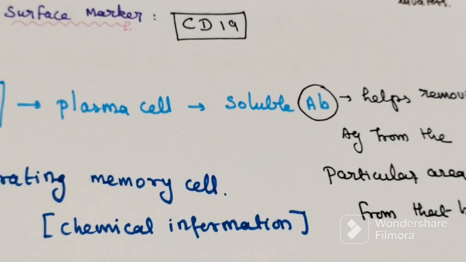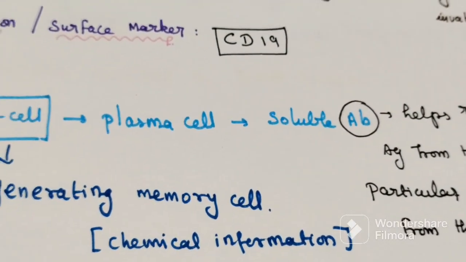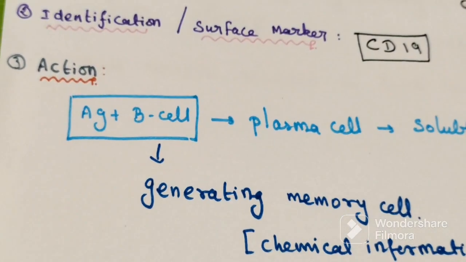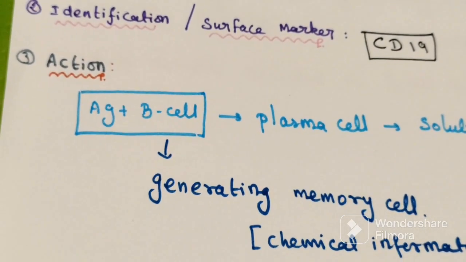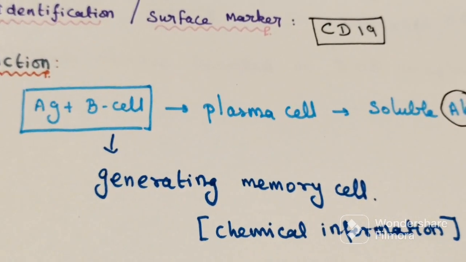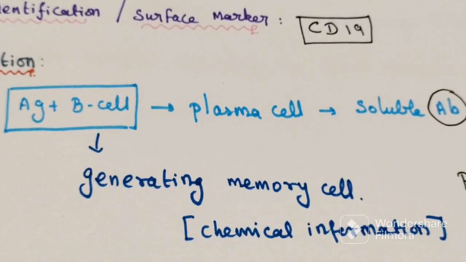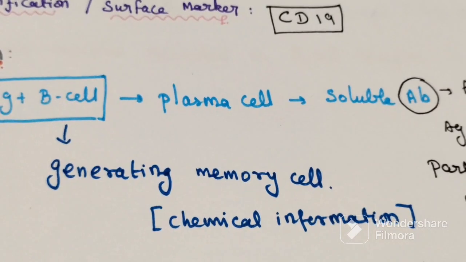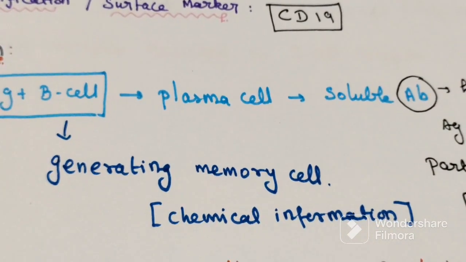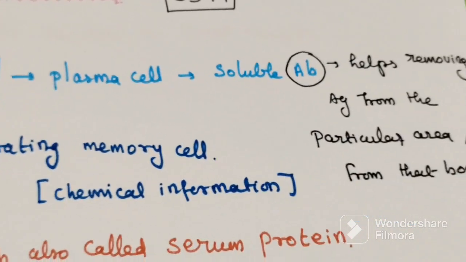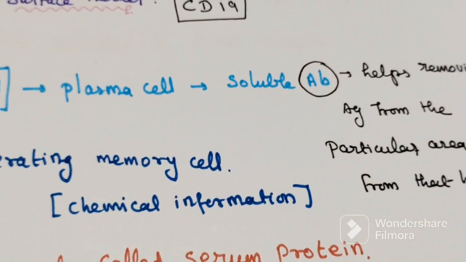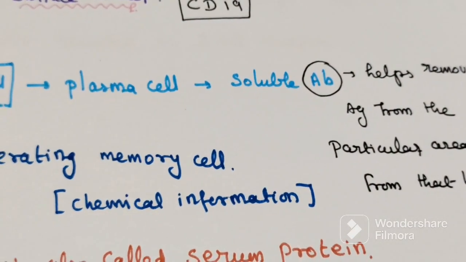So first of all, there is an encounter of antigen with a B cell. The B cell changes into a plasma cell. Then the plasma cell in soluble form secretes the antibody. That antibody responds by removing the antigen or pathogen from that particular area.